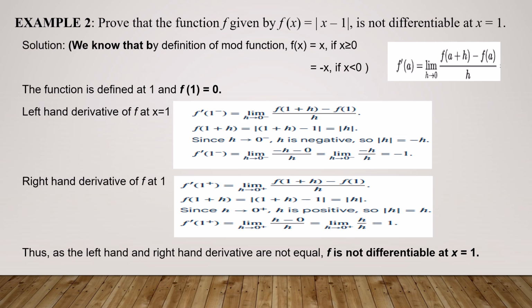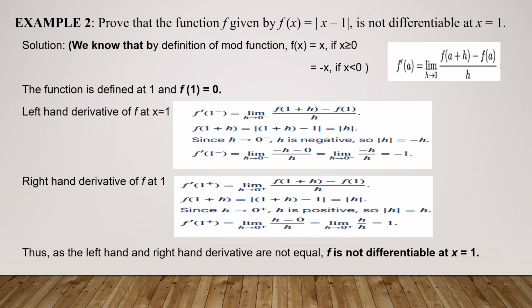Now since h is tending to 0 from the left hand side, that means h is a very small value, say minus 0.001 or something like that. So the mod value for that will be equal to minus h. Correct? Why?